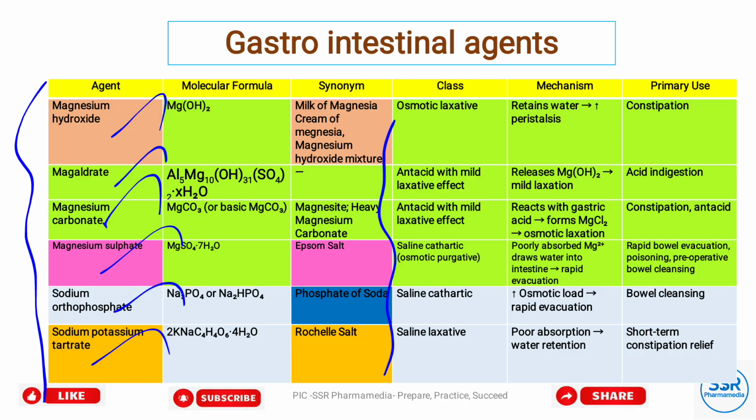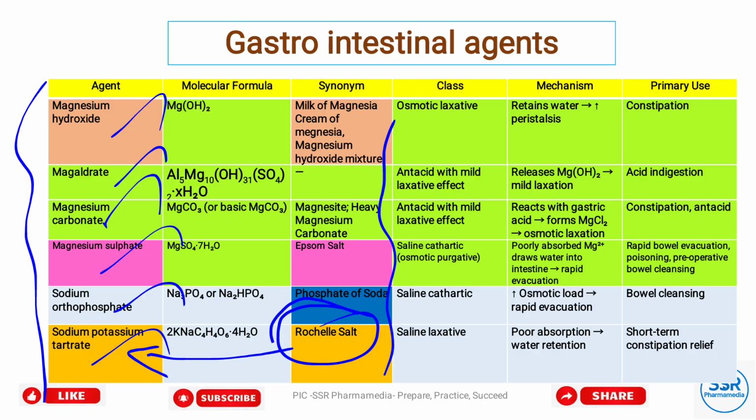Read carefully; very important here is Rochelle salt. Rochelle salt means sodium potassium tartrate. In future you will study one more salt, Mayer salt, which means potassium sodium tartrate. You will read it in forthcoming videos.